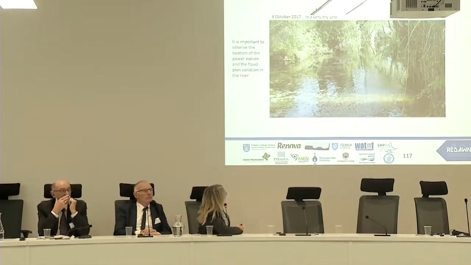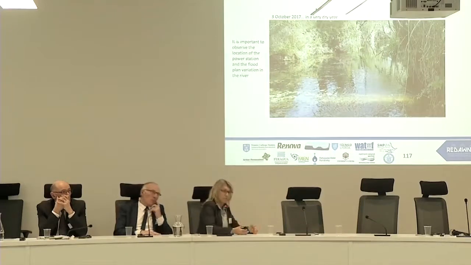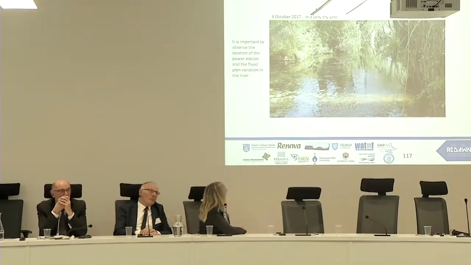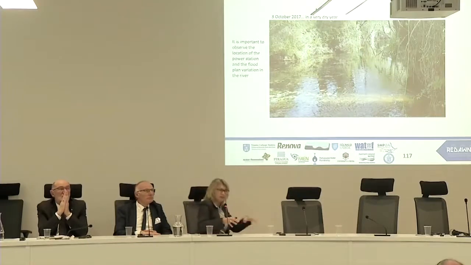Here is the river Almond in a quite dry season, after the summer. Portugal had more than 10 months without rain. It was a very big crisis here, but it is important in terms of the variation of the flow. We have to take into account different variables in each study.